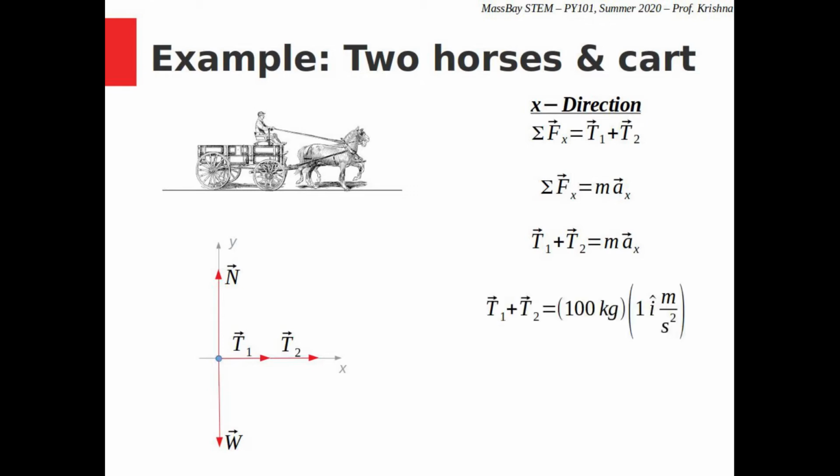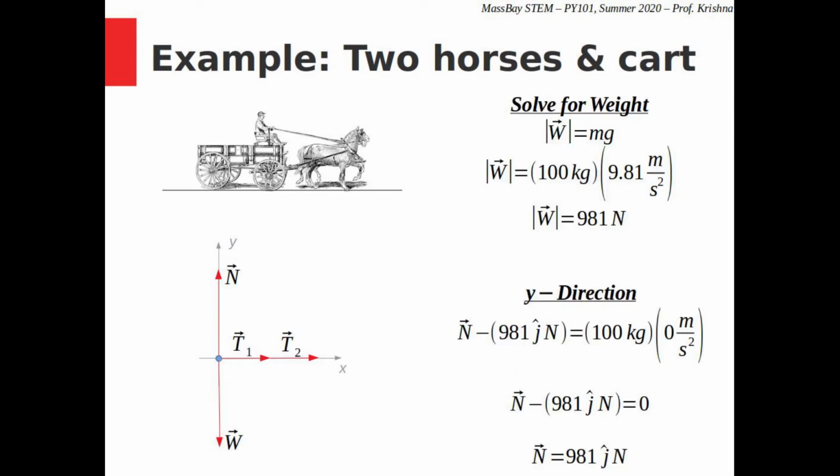Step 6. Substitute everything that is known, the mass and the acceleration. Finally, step 7. Solve. The sum of the tensions is 100 i hat newtons. We were told the tensions are equal, so each individual tension is 50 i hat newtons.